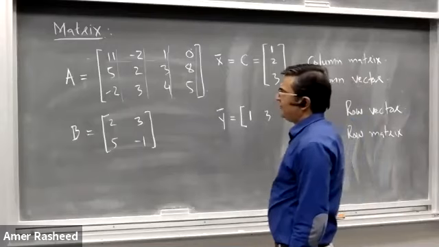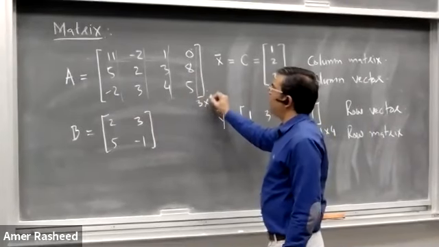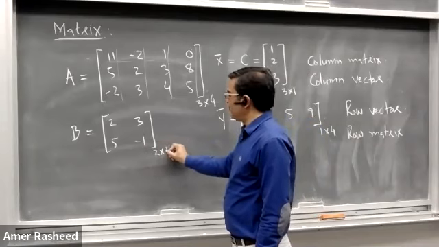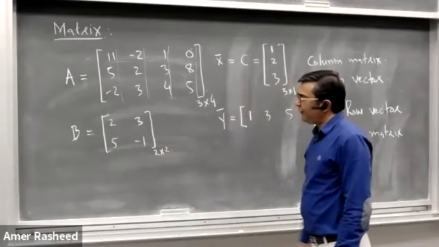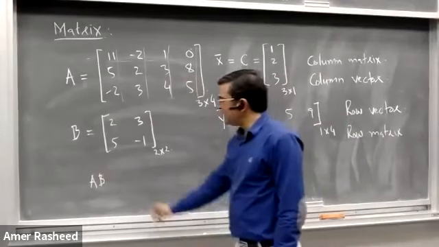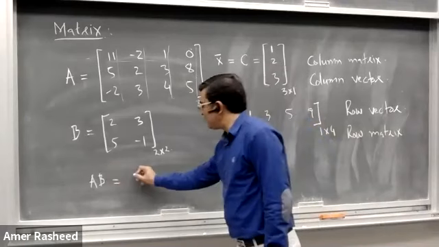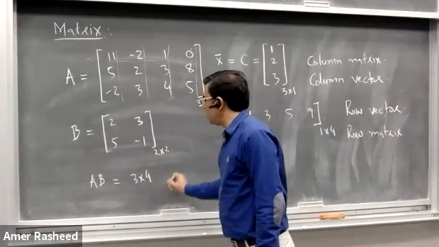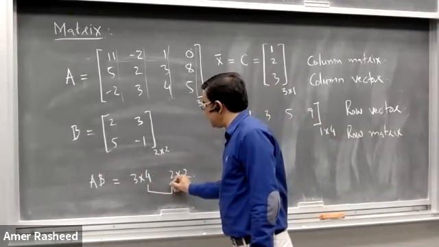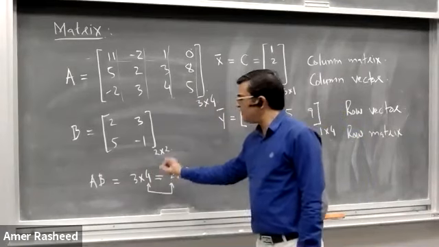So if we have two matrices, for example, this is the matrix A, its order is what? It has 3 rows and 4 columns. And this matrix B has 2 rows and 2 columns. If we want to find the product of A and B, then we need to investigate their orders. First we write the order of A, 3 cross 4, and then the order of B, which is 2 cross 2. These two things must be identical. The columns of the first matrix should be equal to the rows of the second matrix.